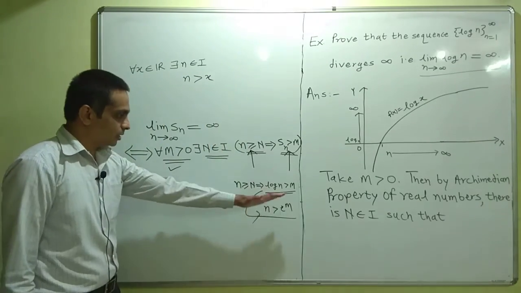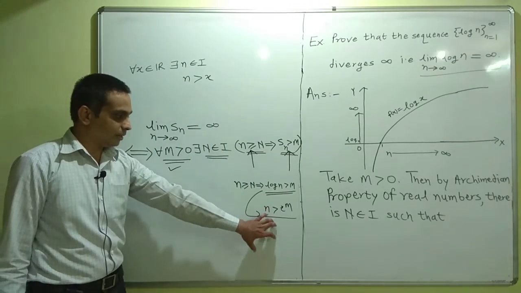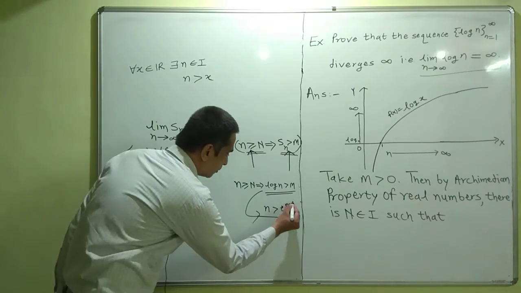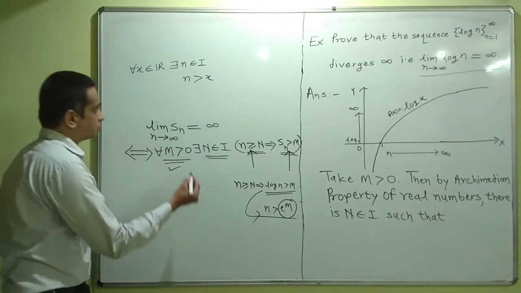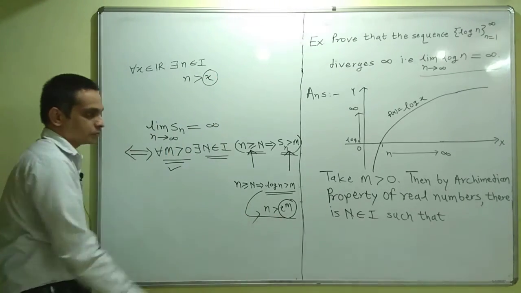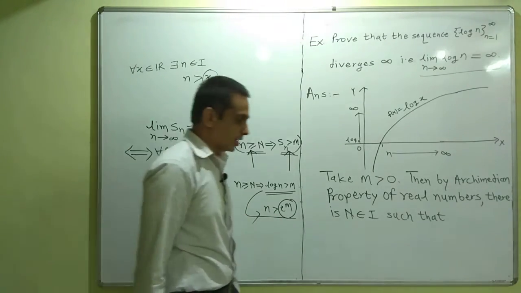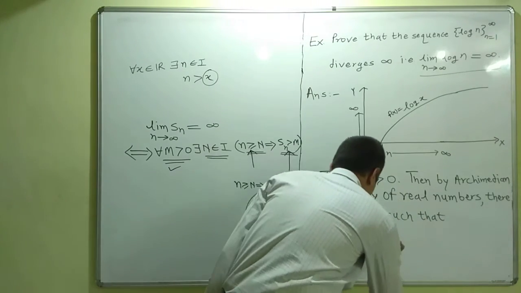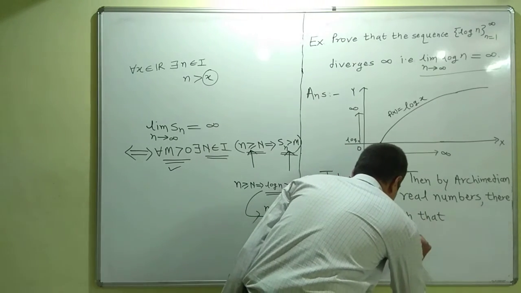But by using this rough idea, I am going to apply the Archimedean property to e raised to m. So this x in Archimedean property is e raised to m. There is N belongs to I such that N is greater than e raised to m.